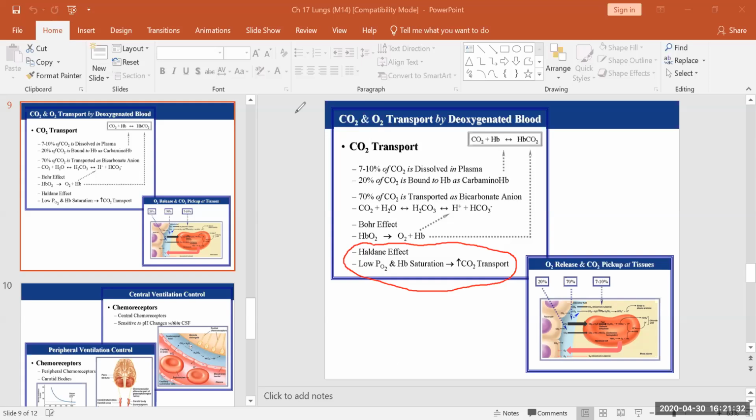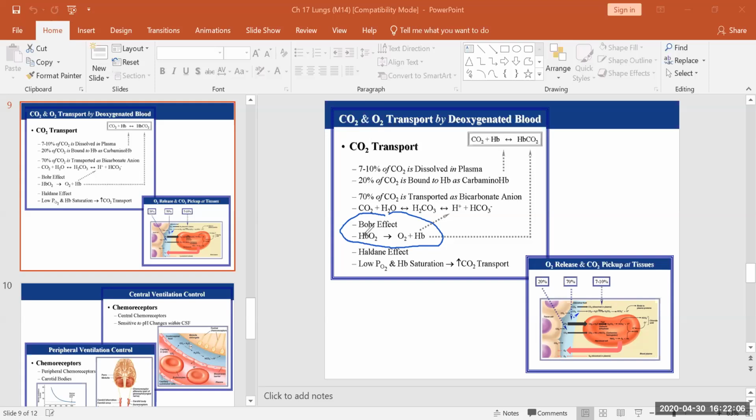In the case of the Bohr effect, this is in the tissues. So in the case of Bohr effect, in the tissues where oxygen is low and CO2 is high, the Bohr effect has the opposite function. It promotes the unloading of oxygen.